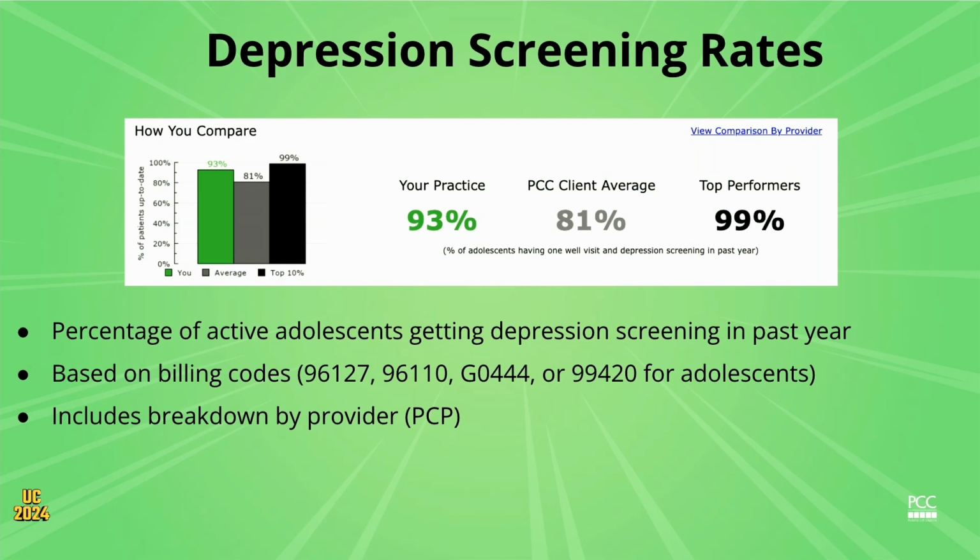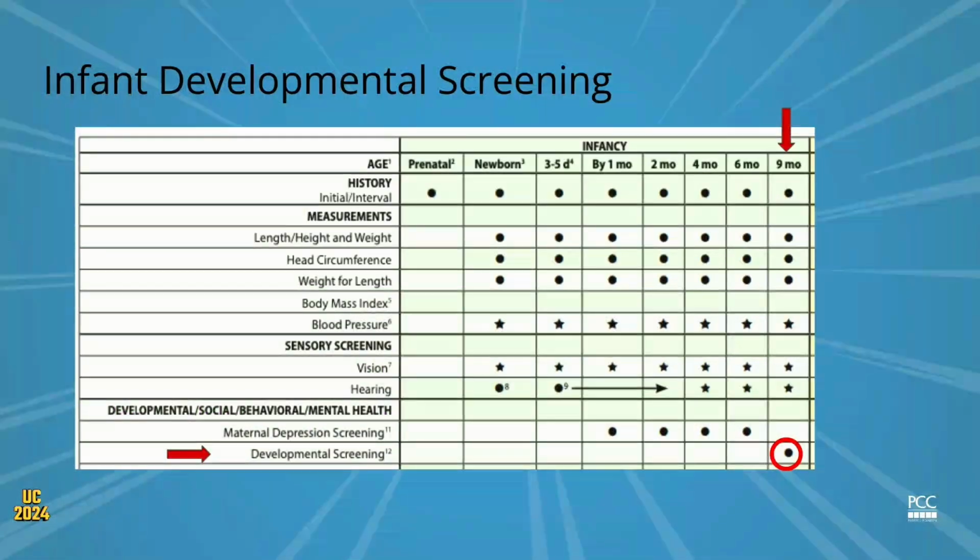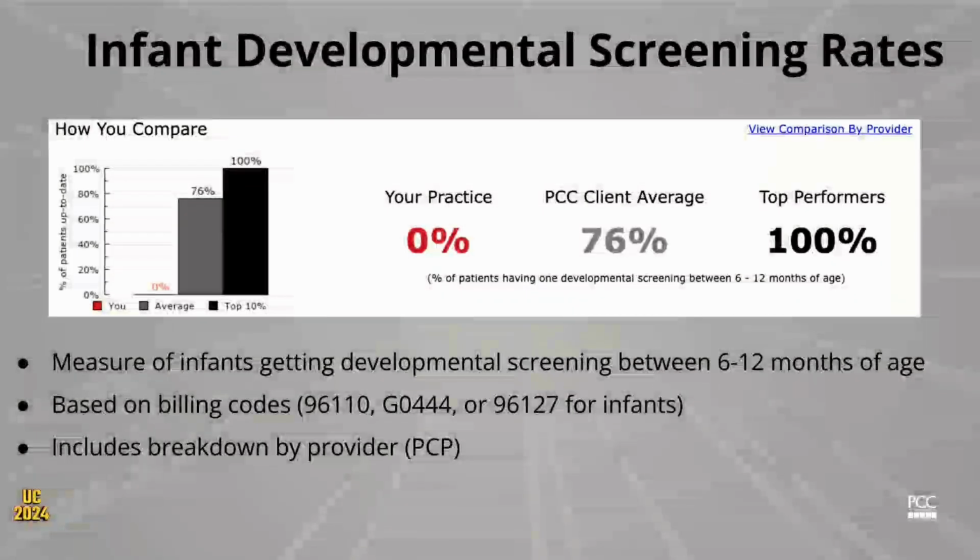That's the depression screening rate measure. Infant developmental screening: there's a developmental screening measure that is basically looking for this. At the 9-month visit, and I think also further out as well, but this measure looks between the ages of 6 and 12 months. Did they have a developmental screening billed with one of these codes?